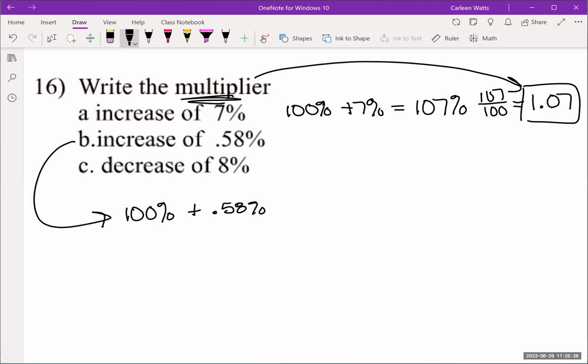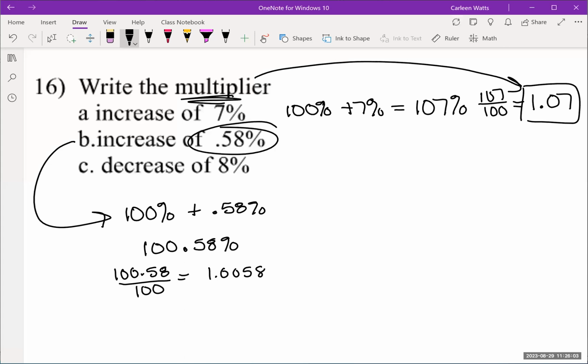Okay, so it's either that, which is 100.58%. That's not the multiplier. How do I go from percent to decimal? Correct. Which is 100.58 divided by 100, 1.0058.